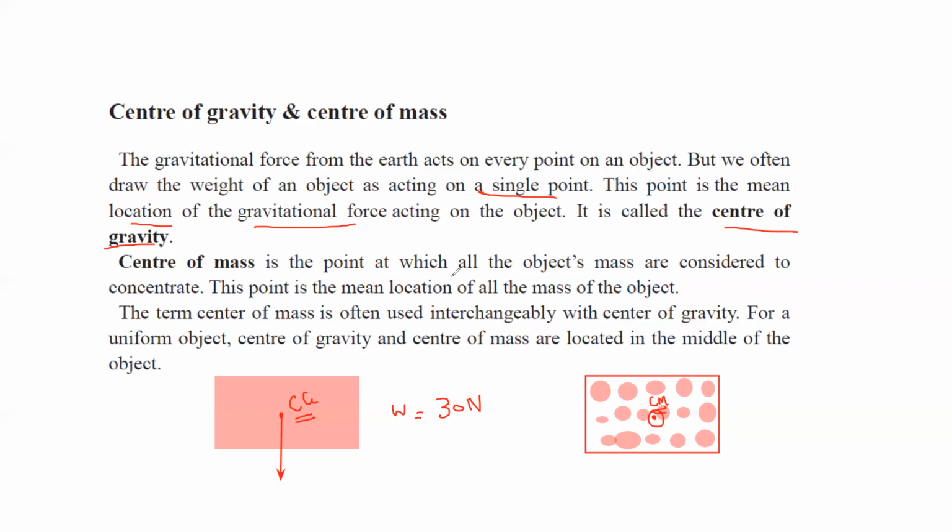Center of mass is a point at which all the object's mass is considered to concentrate, a mean or average location of all the mass of an object. The term center of mass is often interchangeable with center of gravity for a uniform object. So if the object is uniform, we can say the center of gravity and center of mass are the same. But if the object is non-uniform, then they will not be the same.